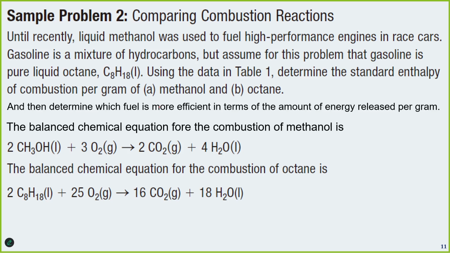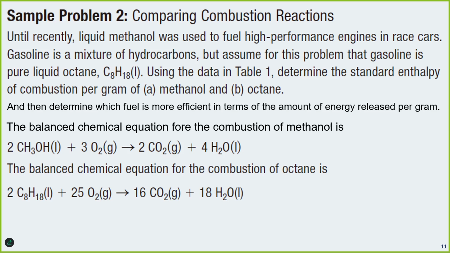Okay, if you don't have any question, let's have a look at the next one. Until recently, liquid methanol was used to fuel high-performance engines in race cars. Gasoline is a mixture of hydrocarbons, but assume for this problem that gasoline is pure liquid octane, which is C8H18. Use the data in Table 1.